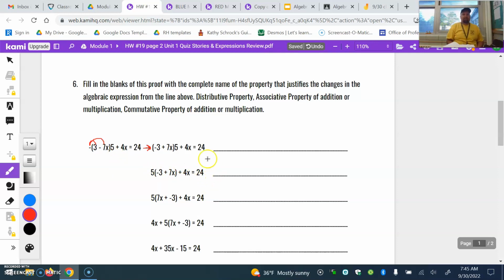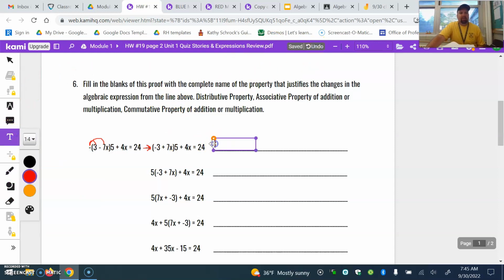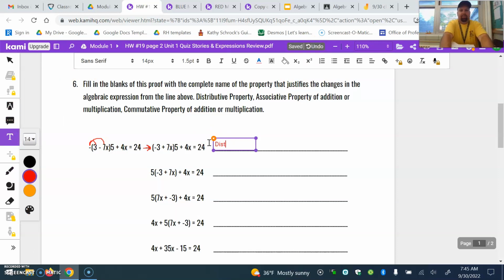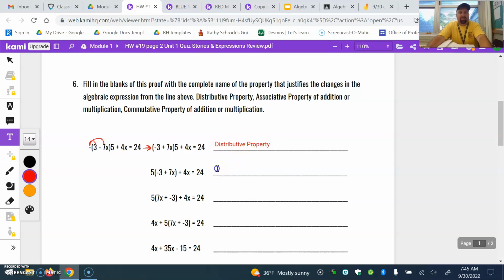So the first blank is distributive property. You know what? I'm not going to use my writing tool there. I am going to use my typing tool so I can do this faster. Okay, distributive property.